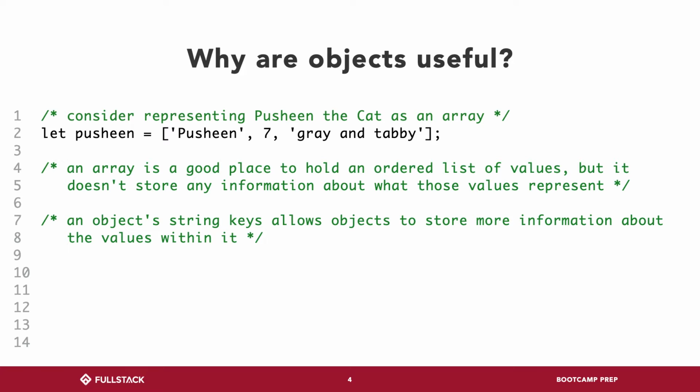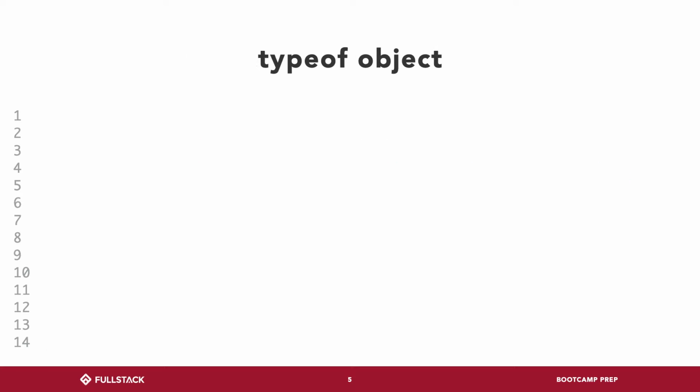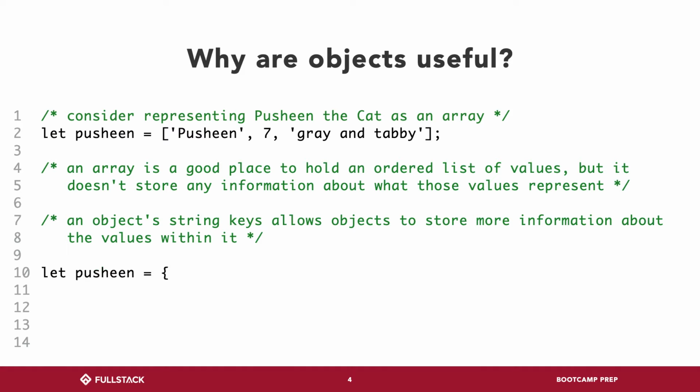An object with string keys allows objects to store more information about the values within it. Let pusheen be name: Pusheen, age: 7, color: Gray and Tabby, right? It's more descriptive.